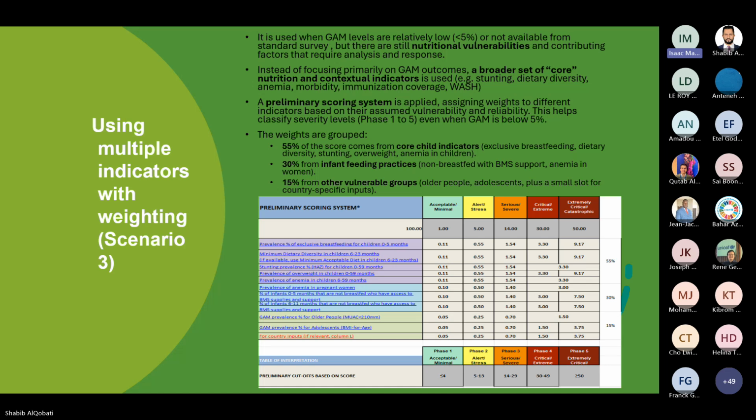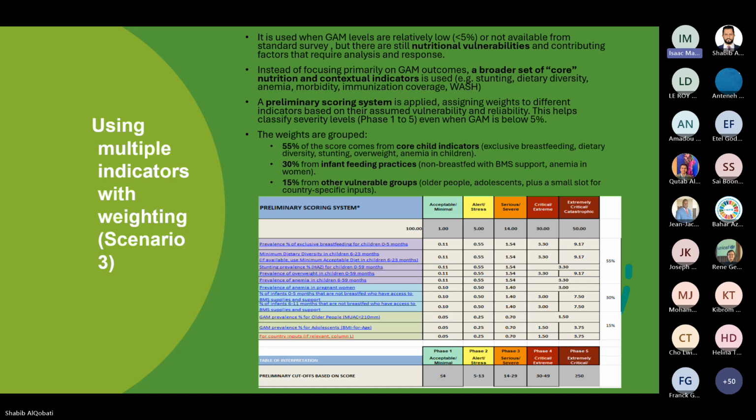So in this one, we are looking at GAM levels that are relatively low, and there is no available data or survey, and thus there is still limited nutritional vulnerability or contributing factors required for the analysis and response. Thus, while GAM remains our primary focus in the other scenarios, in this one we are looking at a broad set of core nutritional and contextual indicators being used.